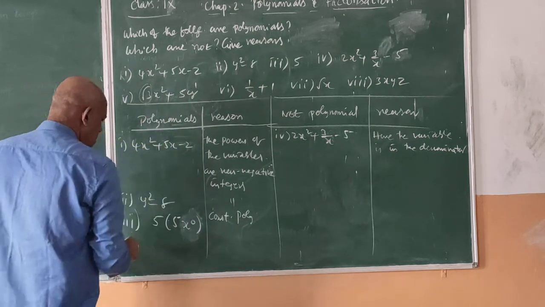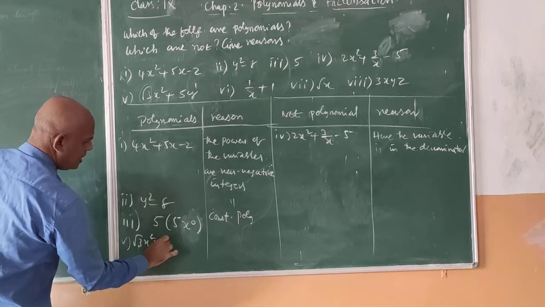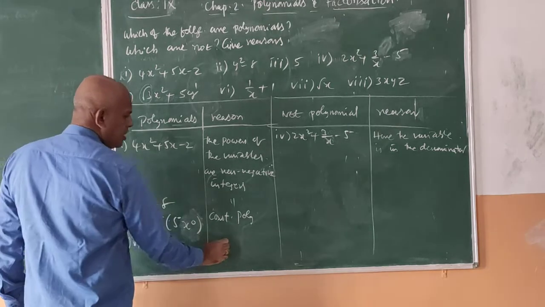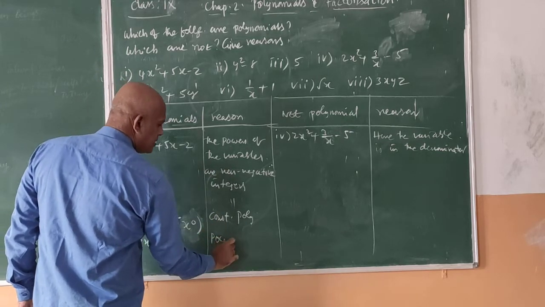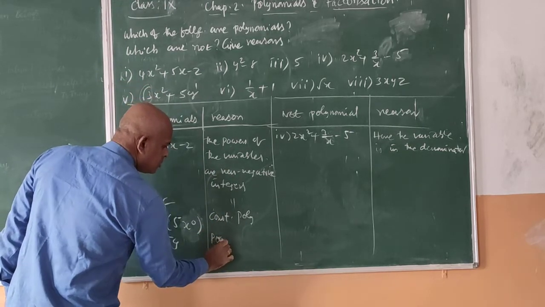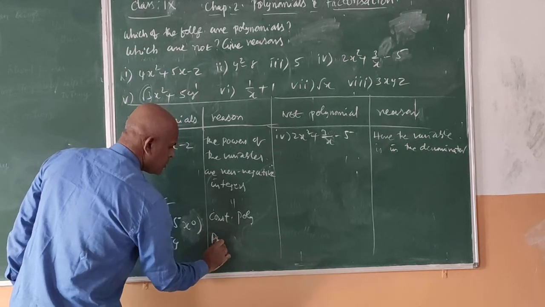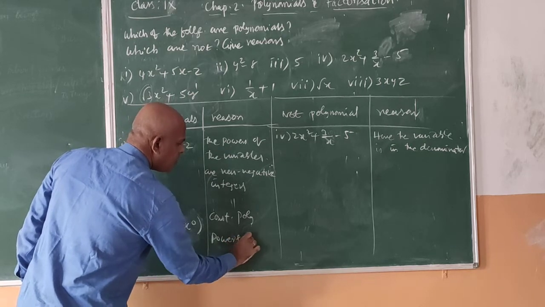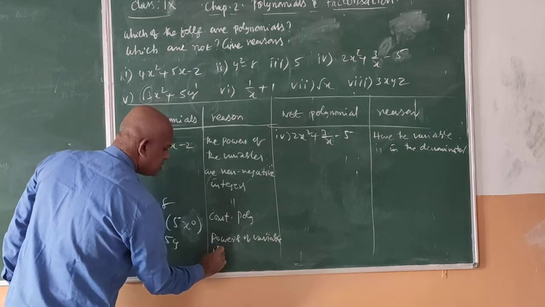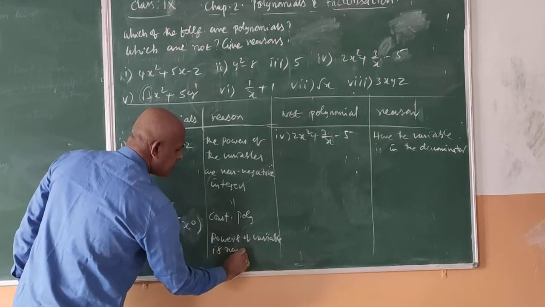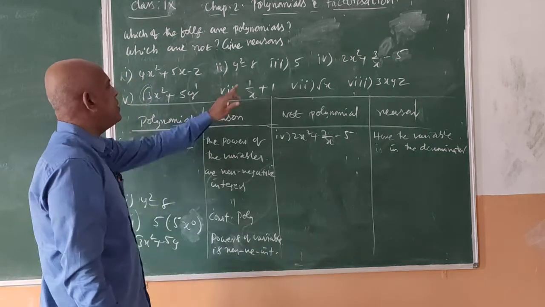So it comes under polynomials. The same reason you have to write here: the power of the variable is a non-negative integer.